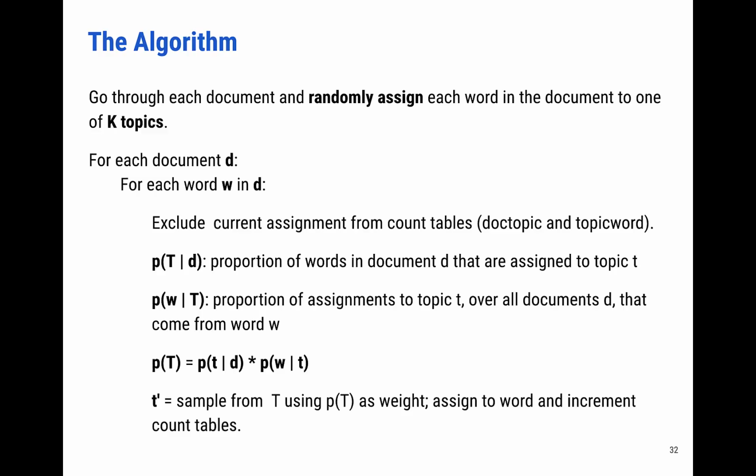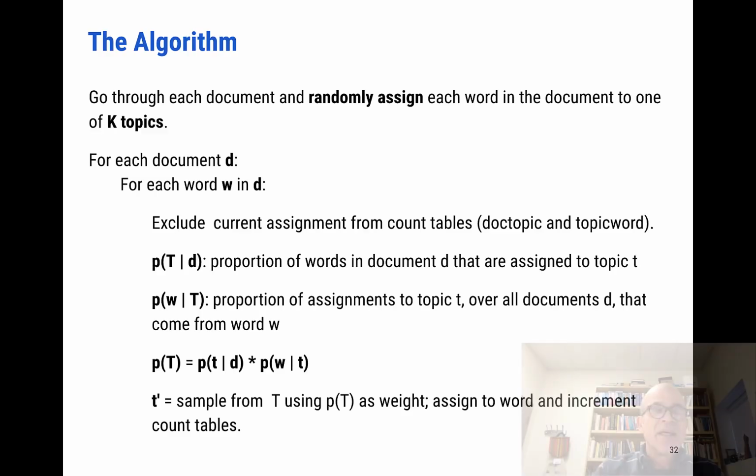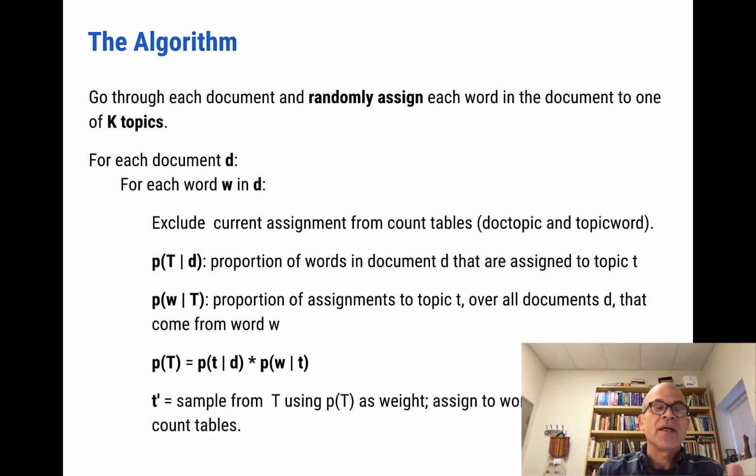It seems weird that you'd start randomly like that, but once you have that, you can go through each token and say, let's assume that every other assignment was correct, but this one is not, and then do this multiplication that we just talked about to get a weighted distribution of what the likely topic is for that particular assignment, and then we pick it. We do that a bunch of times, like 1,000 times, and magically the topics start to shift and distribute themselves, and you end up with things that look like topics.